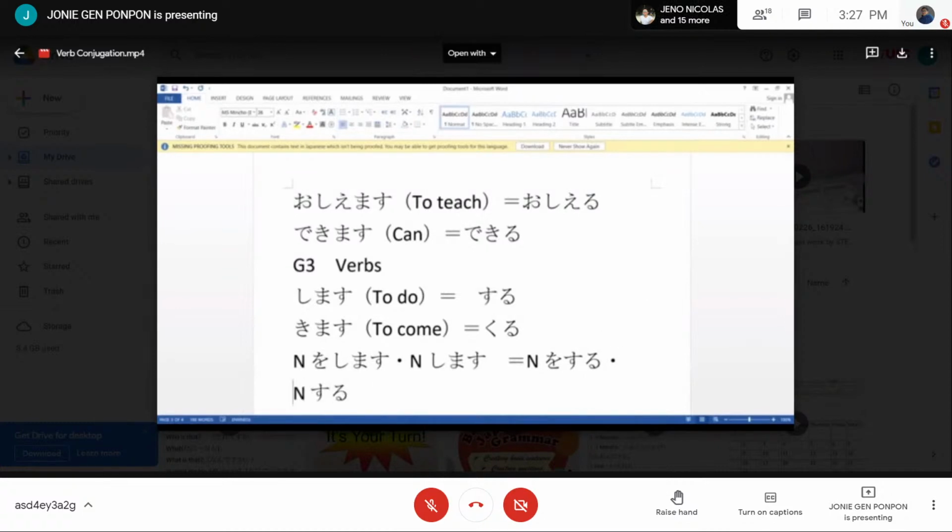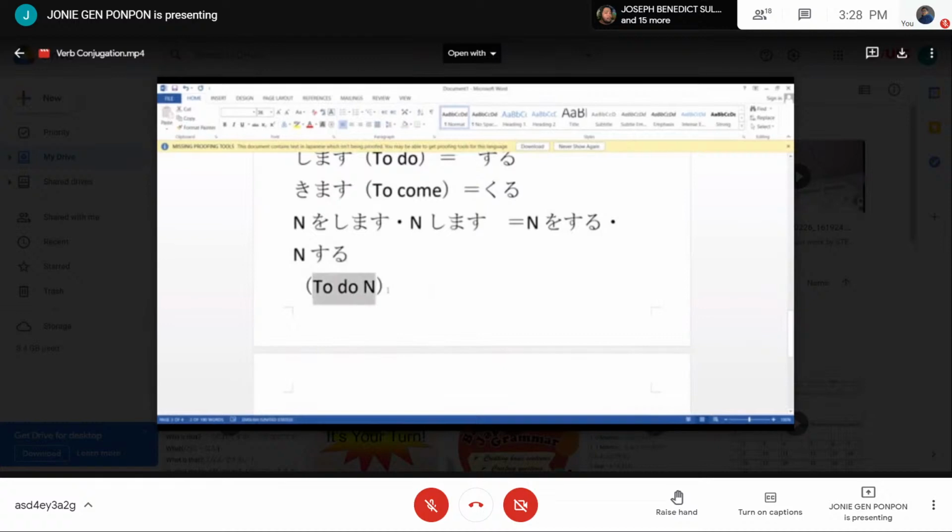So those 3 should be remembered. That's the jishuke of the group 3 verbs, the irregular verbs. That's how you convert the masu form of the verb to its jishuke.